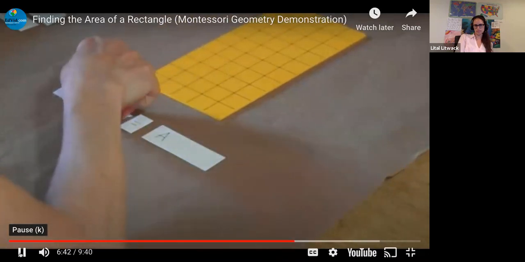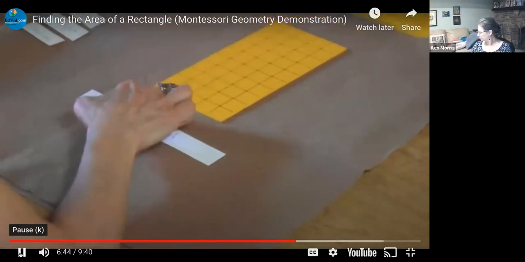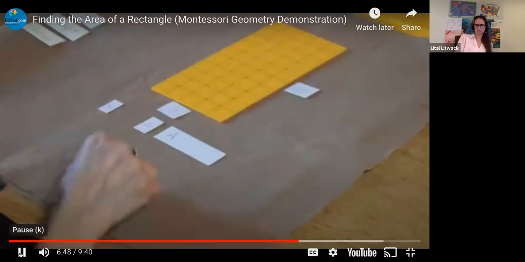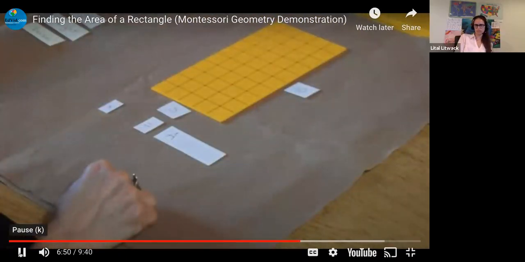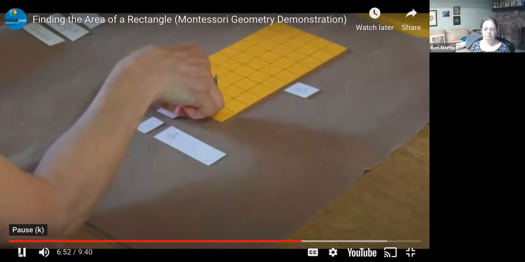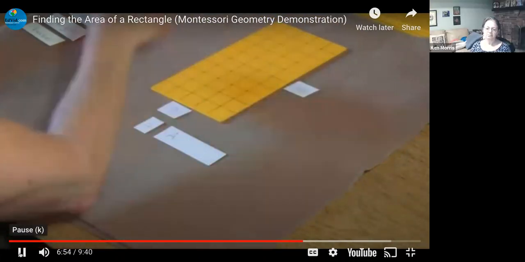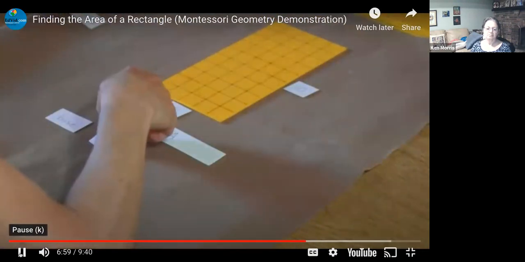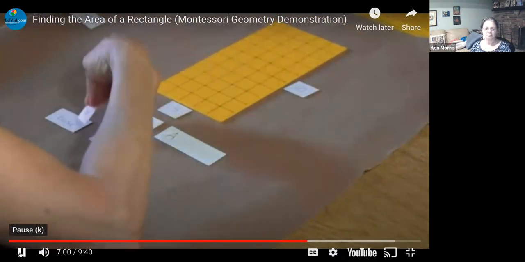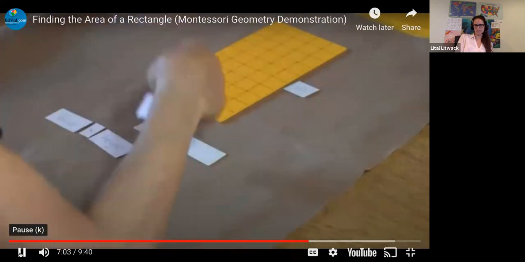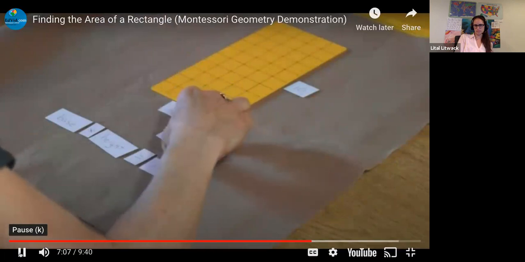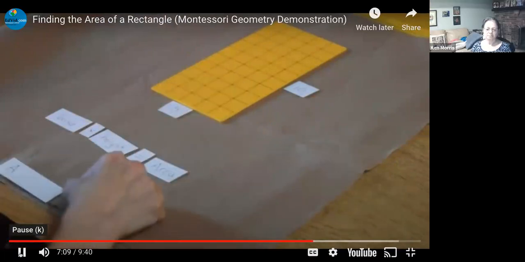Now the base of the rectangle is 5, and the height of the rectangle is 10. And if we use our formula, base times height equals area, what will we find out?